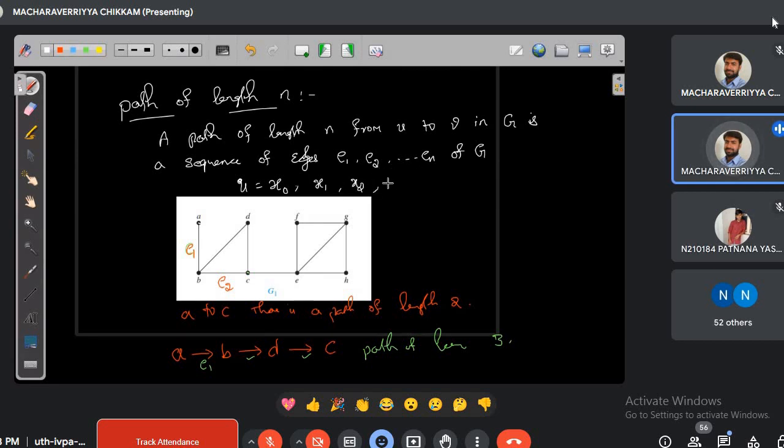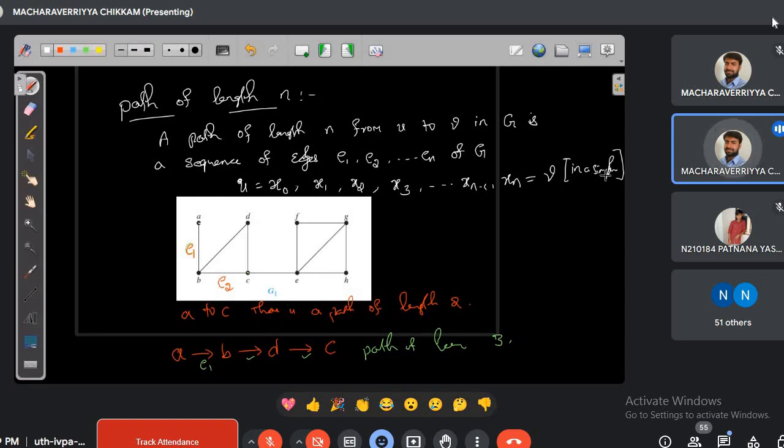E3 is an edge between x2 and x3, and so on. Finally, En is an edge between xn minus 1 and xn, where xn is going to be b. In terms of vertices also we can denote a path in a simple graph.